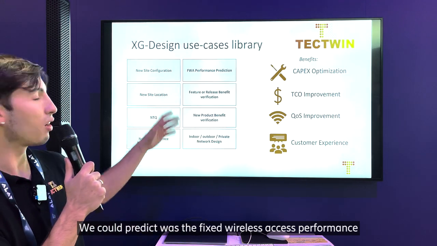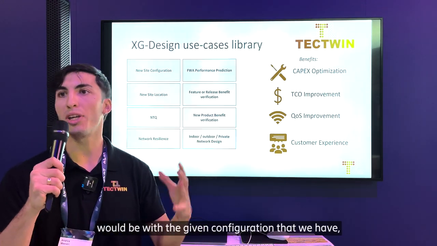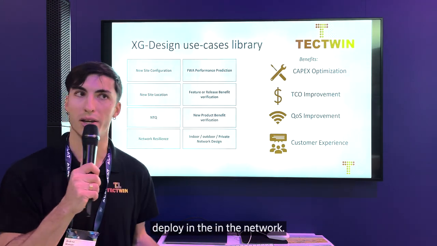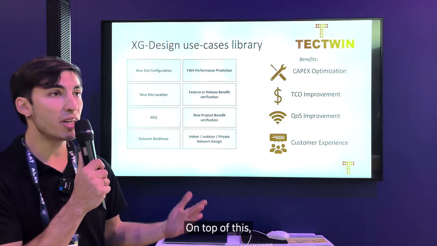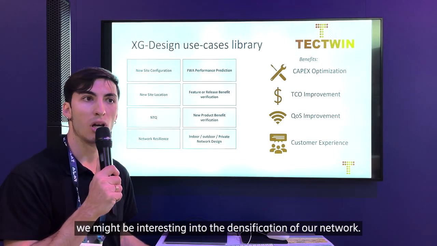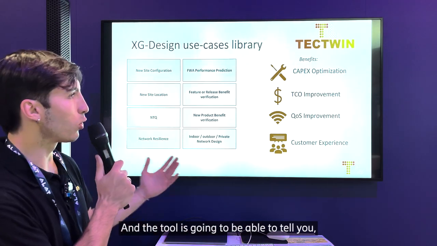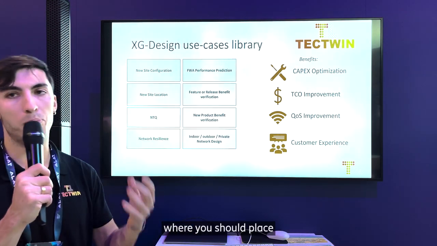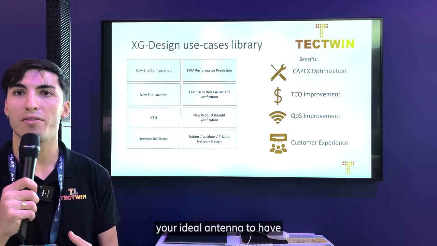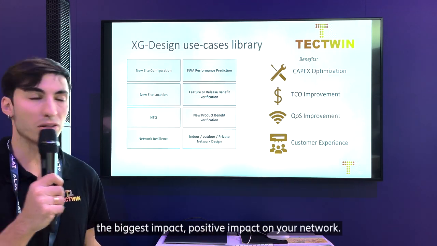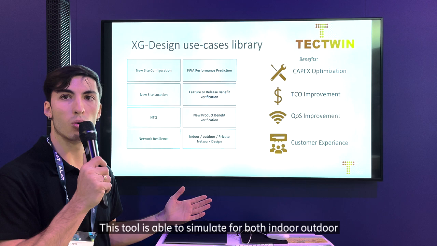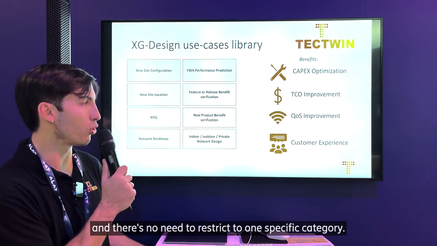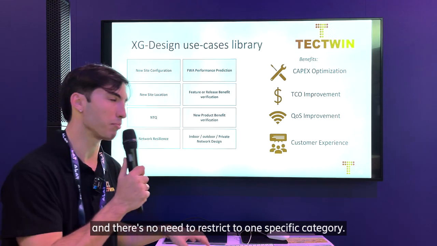We could predict what the fixed wireless access performance would be with the given configuration, or in general test a new feature that we might want to deploy in the network. On top of this, we might be interested in a densification of our network, and the tool is going to be able to tell you where you should place your ideal antenna to have the biggest positive impact on your network. This tool is able to simulate for both indoor, outdoor, private network, and public network, so it's very versatile, and there's no need to restrict to one specific category.